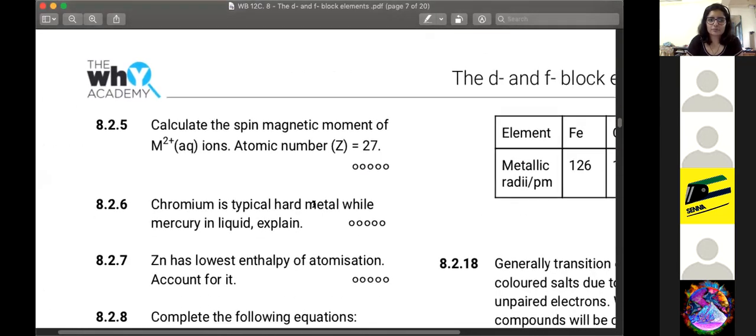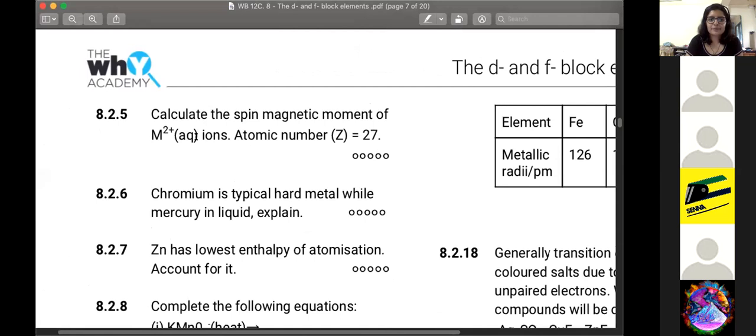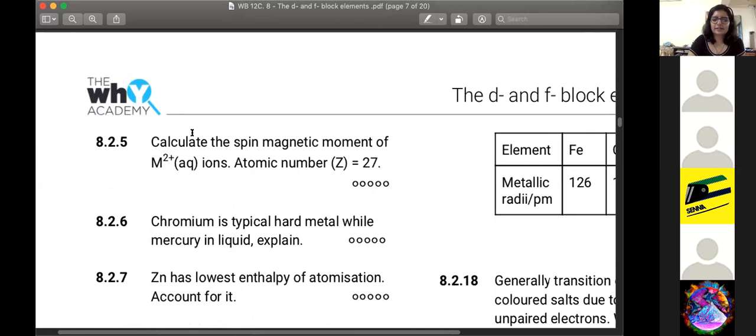This is again compounds and all. Calculate the spin magnetic moment of M2+ aqueous ions, where the atomic number of that particular species is 27. Can you guys quickly calculate this? Finish off this question and then we'll end the session.